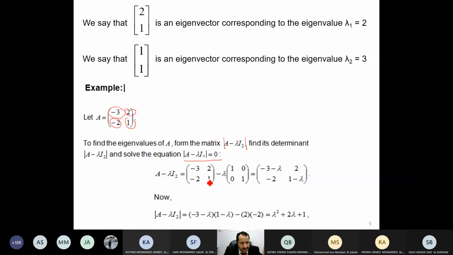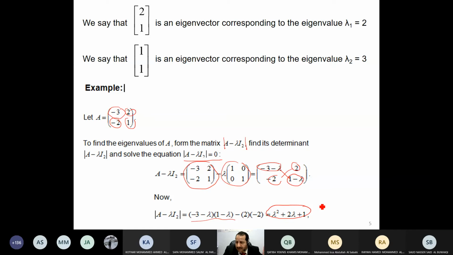I substituted A here and minus lambda I here. Subtract, and I got these 4 items. Multiply these 2 items by these 2 items to get the characteristic equation: lambda squared plus 2 lambda plus 1.